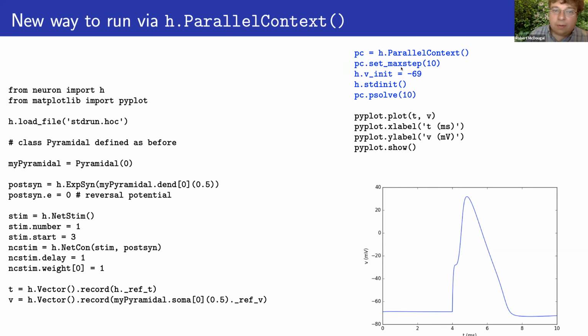So here, for example, we now set a maximum step. And what this is doing is saying that no matter what happens, I need you to synchronize at least every 10 simulated milliseconds. If you don't set a maximum step, the simulator will yell at you and your simulation will not proceed.